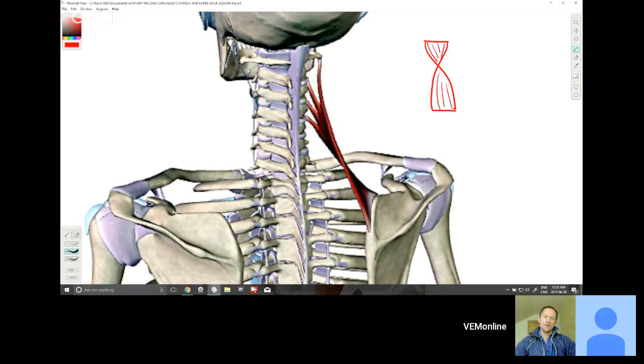That's what the fibers do right there. There's a twist. You can see that, see here? It twists like that, right? And this is why this muscle is particularly prone to trigger points.